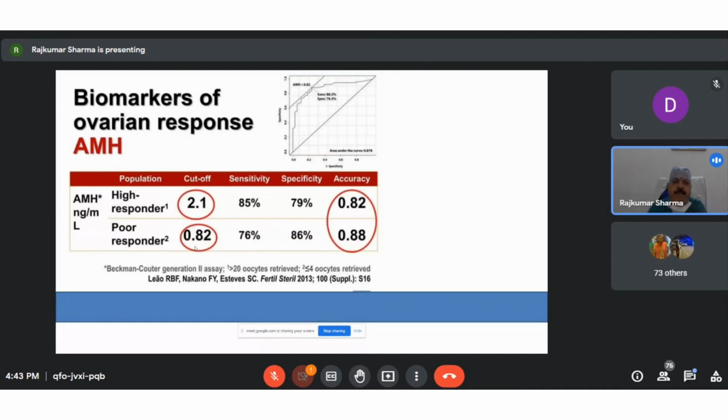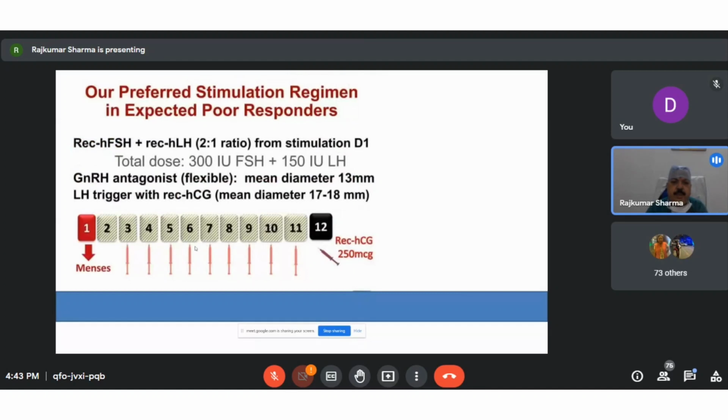So in our center, what is the preferred stimulation regimen? In expected poor responders, we know the patient has a low AMH, is elderly, and the antral count is also poor.